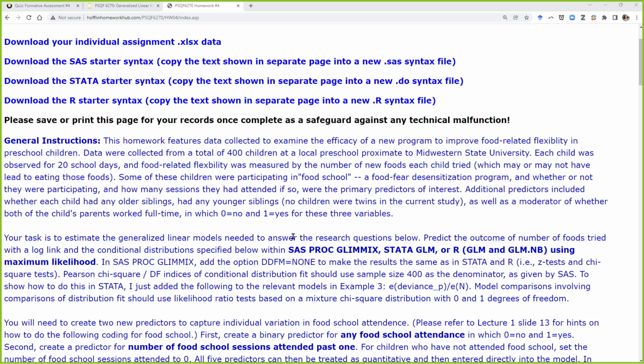Yes. Okay. Then it's possible, so for a mixture p-value, just to review folks, if you compute a regular p-value for a chi-square with 1 degree of freedom and cut it in half, that gives you a mixture of a chi-square of 0 and a chi-square of 1, which is appropriate anytime you're testing a new parameter that's on the boundary.